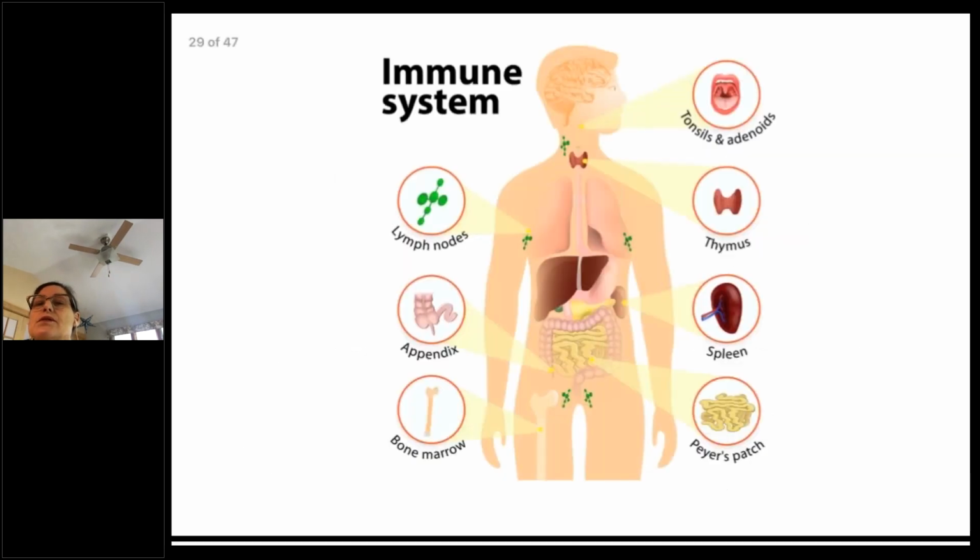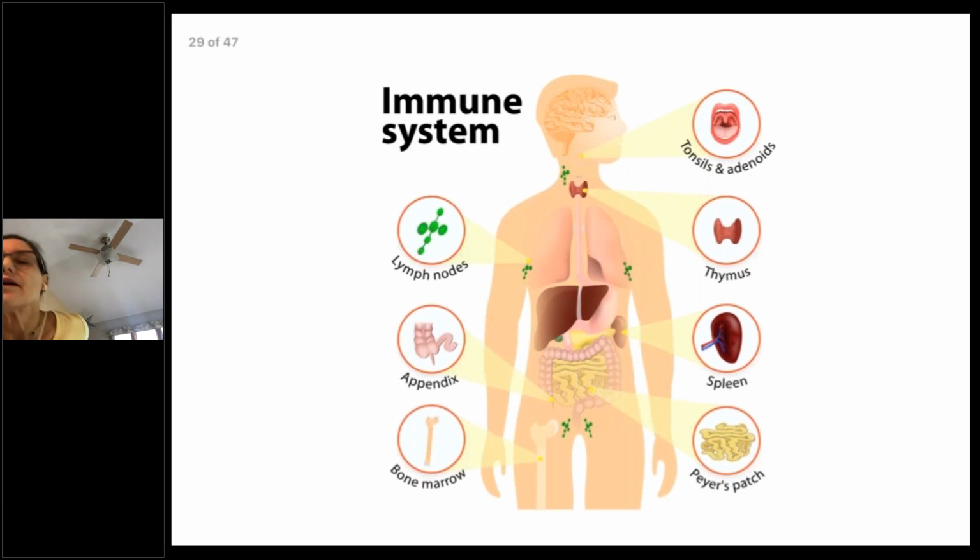Okay, the immune system is responsible for fighting infection, and tonsils, the lymph nodes, the bone marrow, thymus, and spleen are big players in it. I'm going to show you a picture of the lymphatic system.